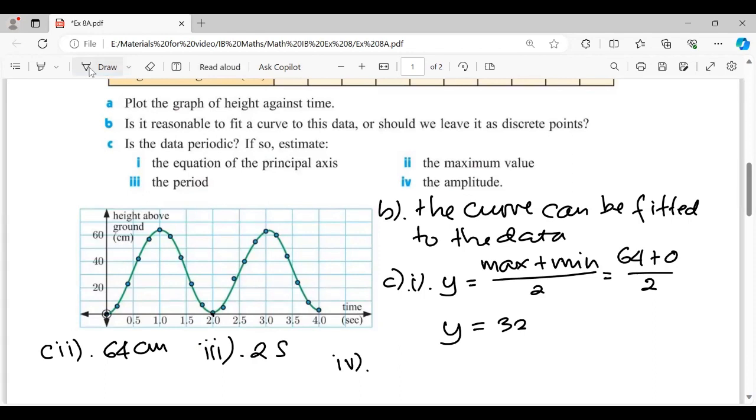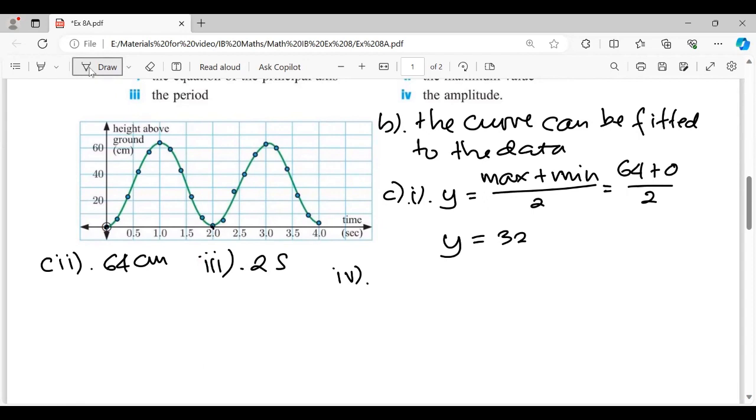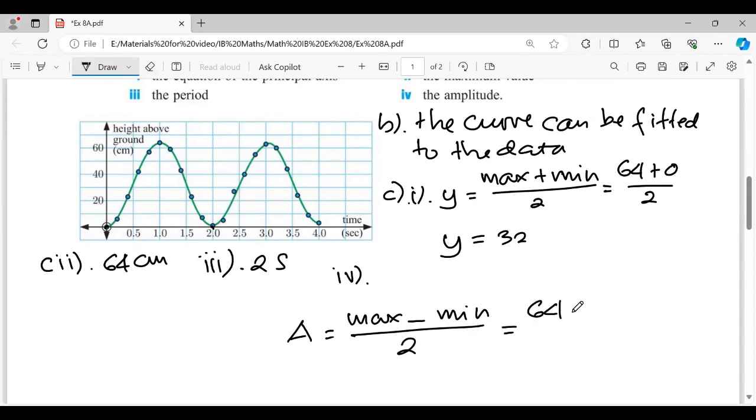For the amplitude, the amplitude formula equals maximum point minus minimum point over 2, equals 64 minus 0 over 2, equals 32 centimeters.